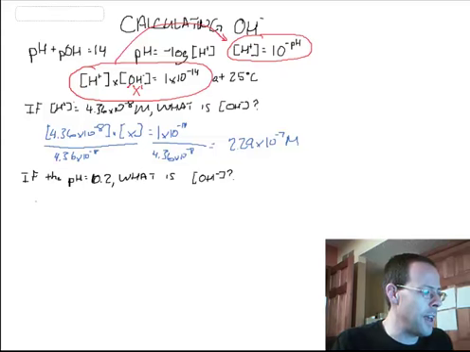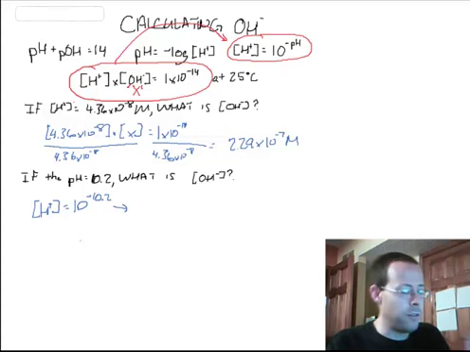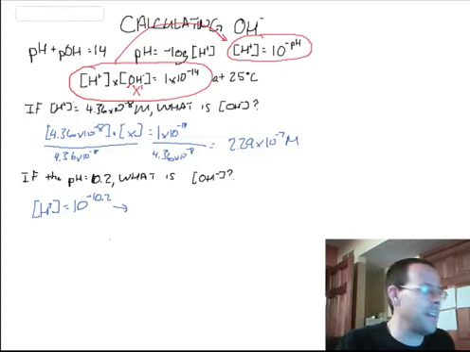So the first thing I'm going to do is H plus, and H plus always equals 10 raised to the negative pH. And in this case, my negative pH is 10.2. So again, in your calculators, you can put 10 raised to the, or 10 caret negative 10.2. Because it's a negative number, it's going to be a really small value. And in this case, it's 6.31 times 10 to the negative 11th.